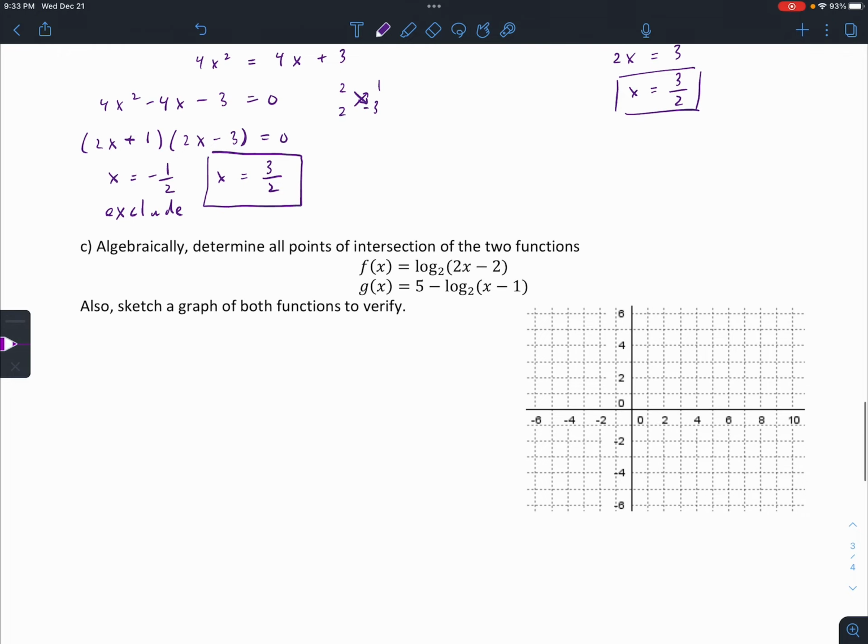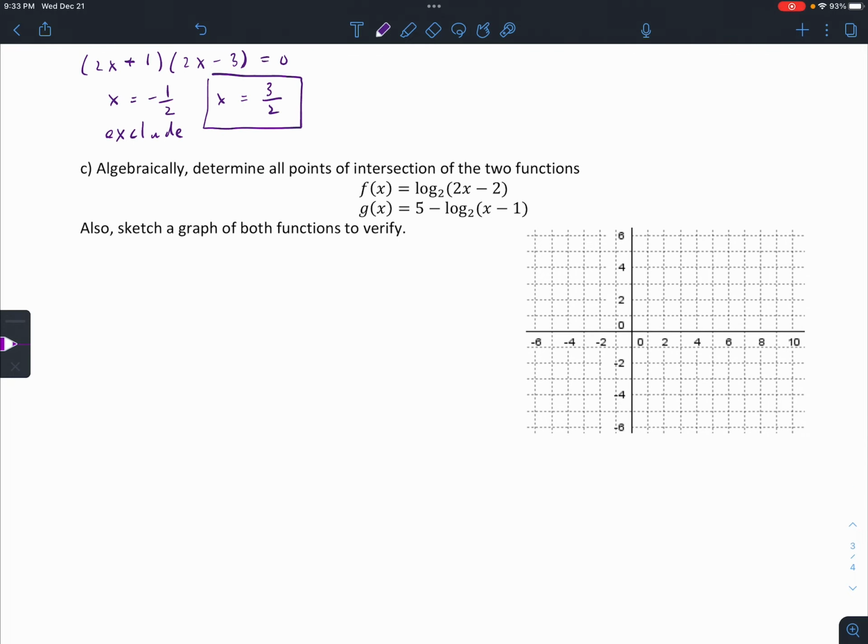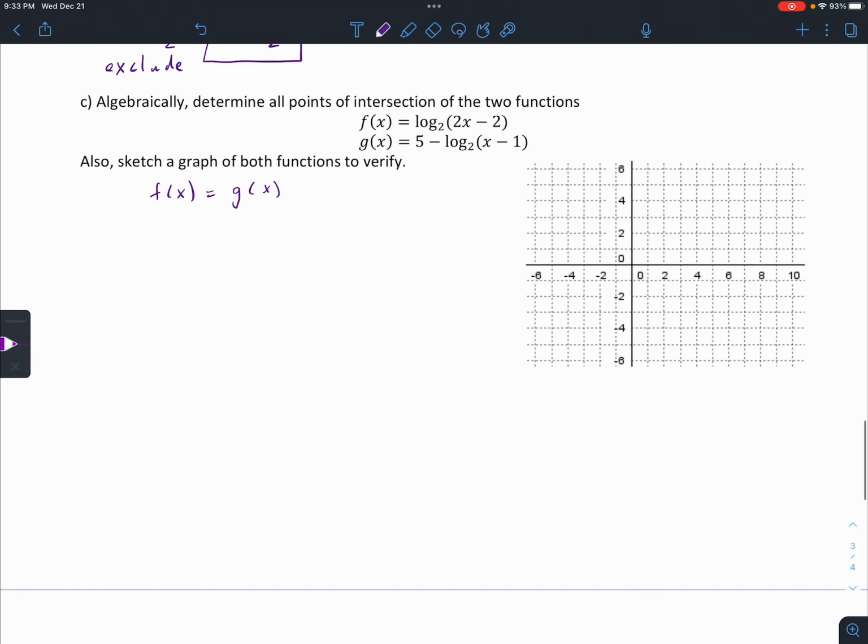Okay. And then this last one here, algebraically determine all points of intersection of the two functions. Also sketch a graph of both functions to verify. So we're going to have to equate them to each other. We're going to have to set f of x and g of x equal to each other. And so that's going to look like this.